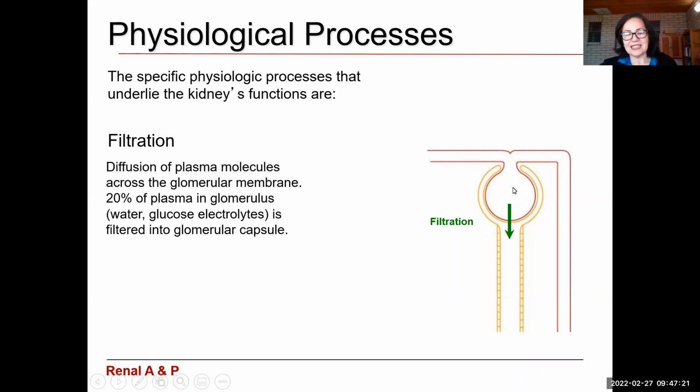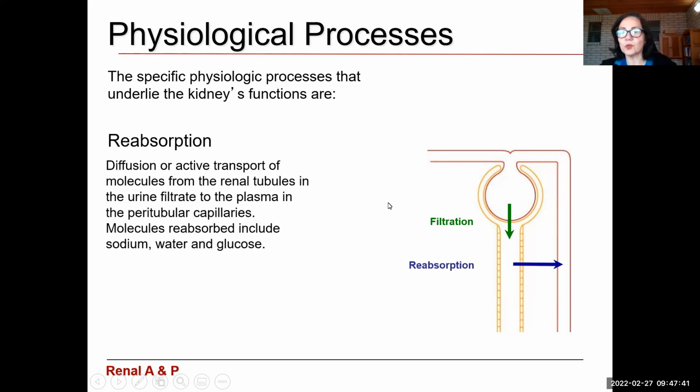Then a lot of what we just filtered, we're actually going to want to bring back in. And you'll remember from when we talked about diabetes, we said if the blood glucose is in the normal range, then all the glucose that comes out here into the renal tubule, all of that is going to get pulled back in. And that pulling back in, that's called reabsorption.